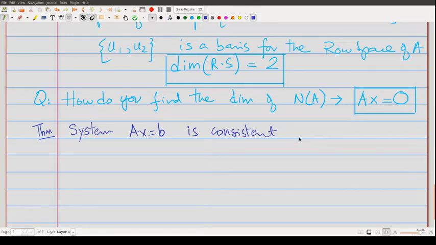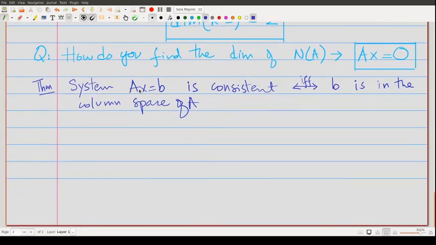This is a consistent system if and only if B is in the column space of A. And this is trivial rather, because we know that Ax can just be written as a linear combination of the columns of A.